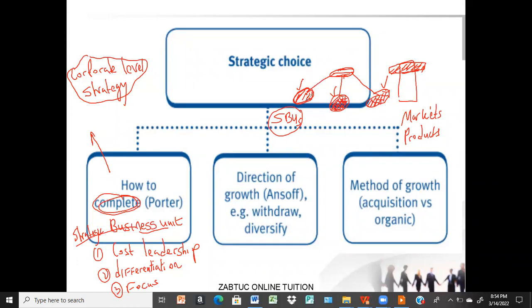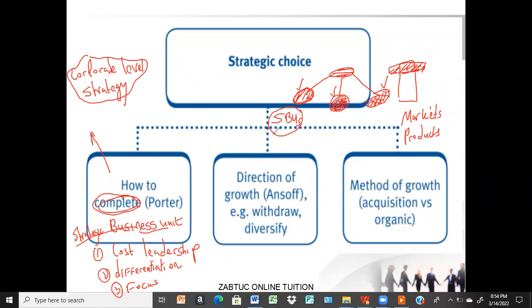Okay. So there have been a number of questions asking you to talk about corporate level strategy. Corporate level strategy is strategic management concerned with what products we are going to carry, what services we are going to provide, and what businesses we are going to involve ourselves in.